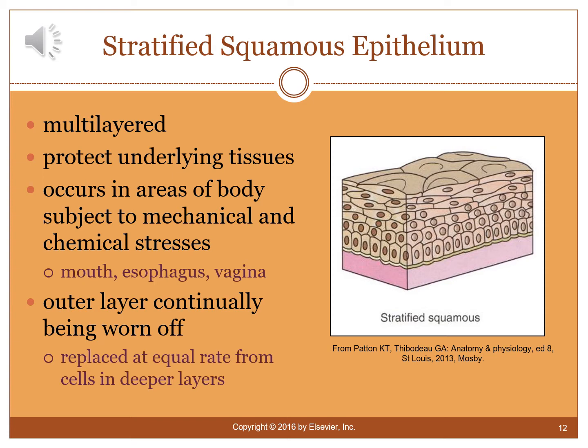So we find these cells in the mouth, the esophagus, and the vagina. And this is why your mouth will heal really quickly, because you have this multi-layered squamous epithelium in there, and they are continually being remade.